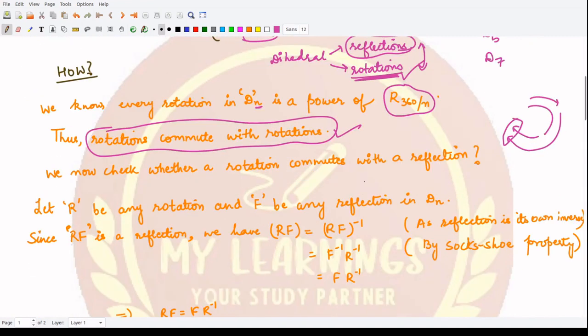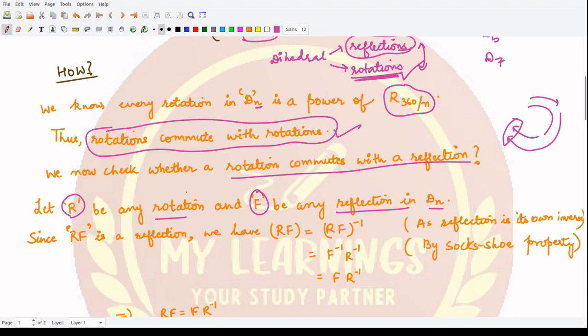Now let's check whether a rotation commutes with a reflection or not. For that we consider capital R to be a rotation and capital F to be any reflection in Dn. A rotation followed by a reflection is a reflection. That I have told, and that thing we have solved in the question answer playlist of group theory.